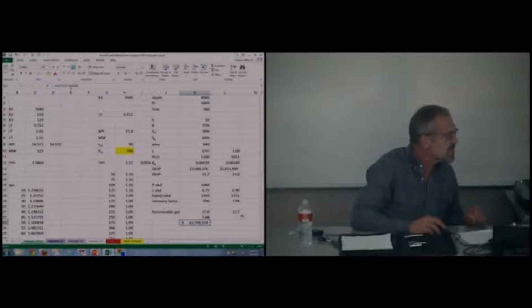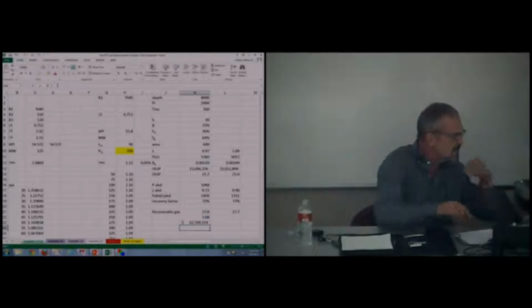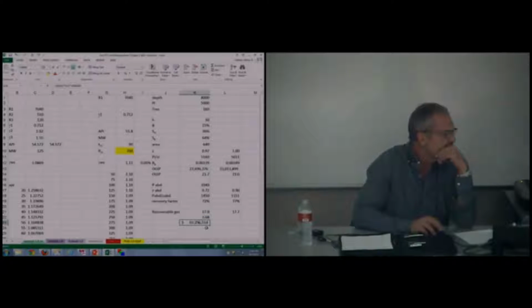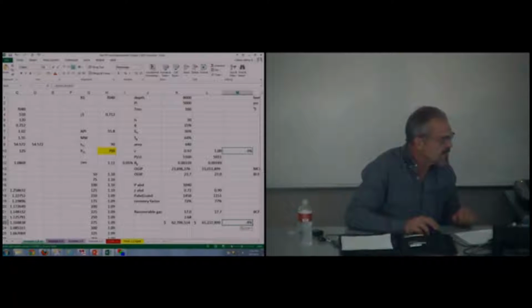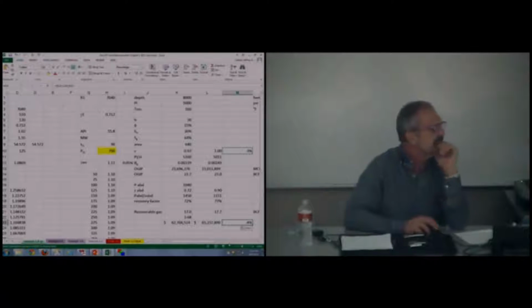I'm going to use the same price. Okay, so on the bottom line here, we're getting 3%, 4% for those kind of errors.